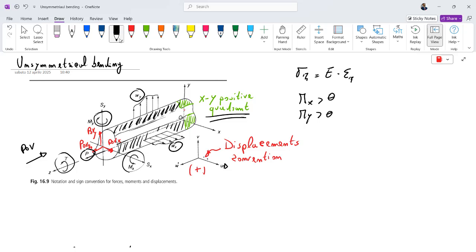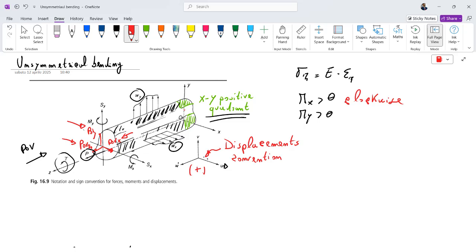You also note three points of view: the point of view of y, of x, and of z. If I see the moment Mx from this point of view, Mx is clockwise. So Mx is positive if I see a clockwise moment from the point of view of x.